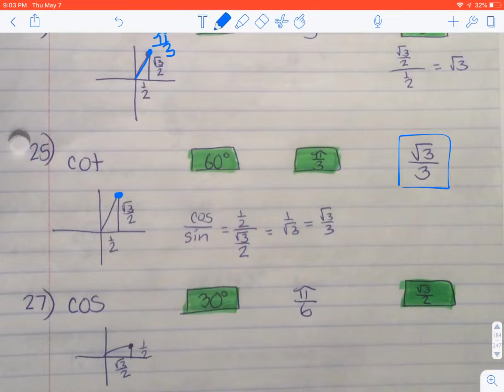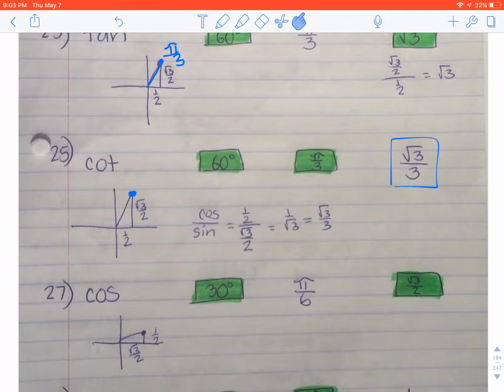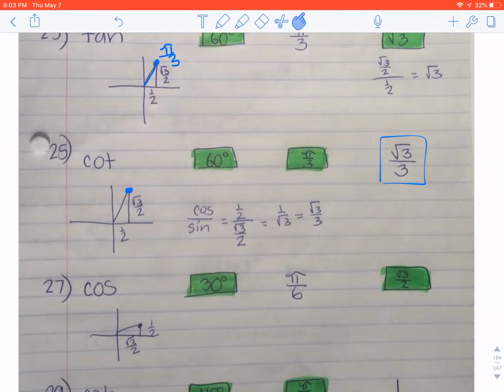So when you rearrange that, which is cosine over sine, it's our cotangent, you end up with your square root 3 over 3. Which again, they gave us that in 25. So that's 60 degrees, that's pi over 3. Remembering that cotangent is cosine over sine will help you. And they did limit this to the first quadrant, so you only need to focus on quadrant 1 in these problems.